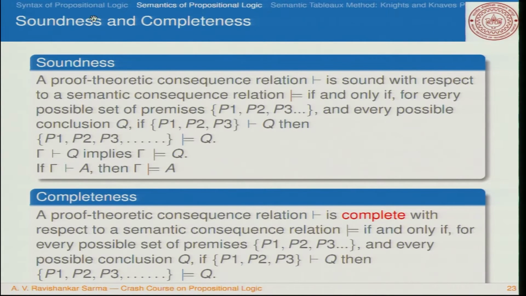So in a nutshell, what it says is that if Q is deduced from gamma, it implies that Q has to be true, Q has to be a logical consequence of gamma.